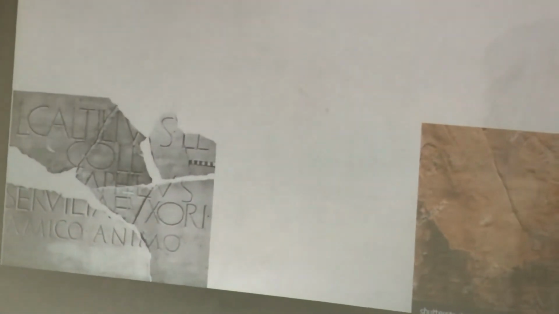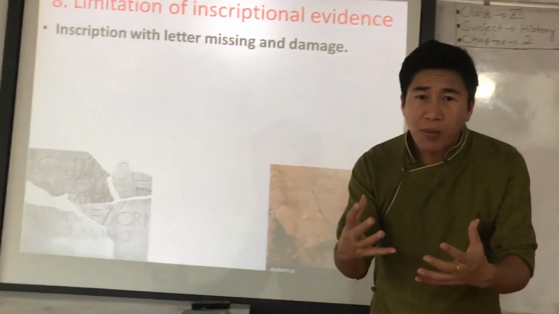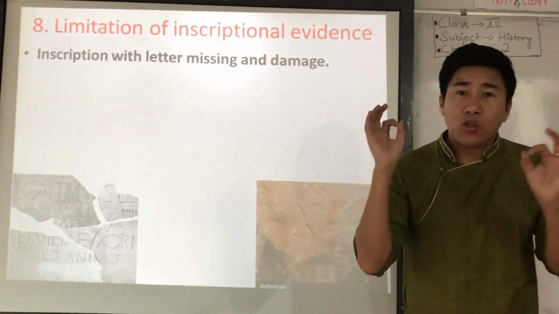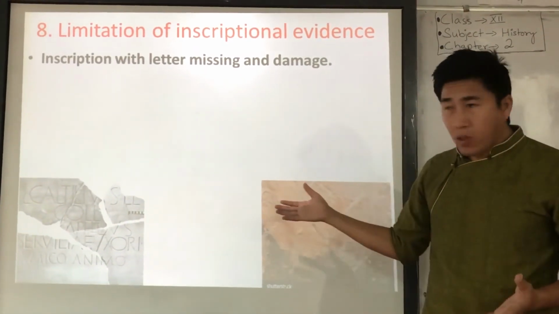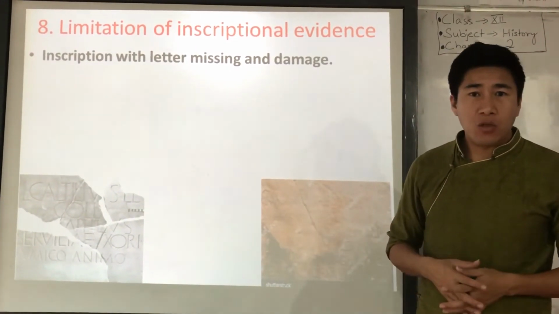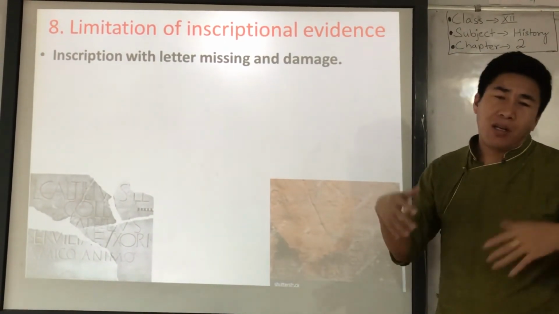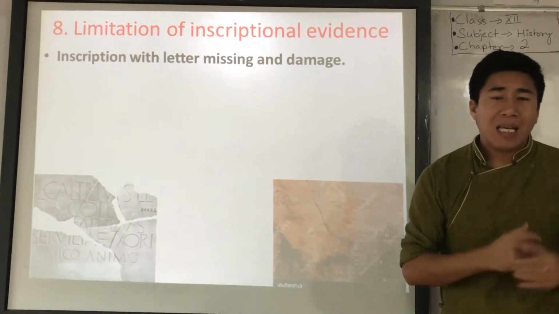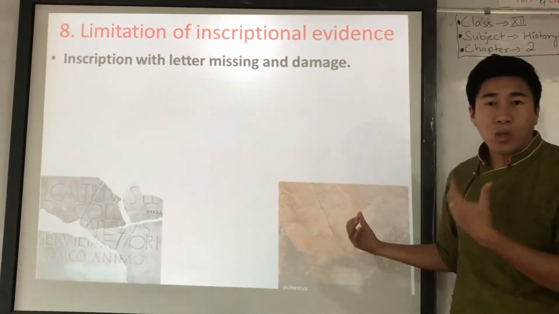The problem is, if the inscription is damaged or letters are missing, then it will not provide us solid or clear information, clear history. So that is one limitation. If the inscription is broken or the letters have faded out, it will not be able to provide clear information about the ancient time.